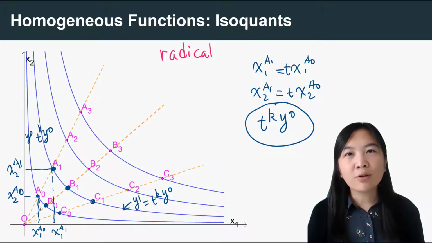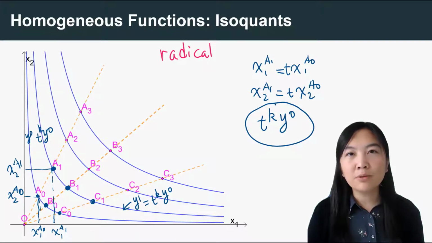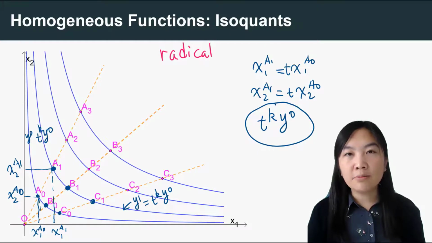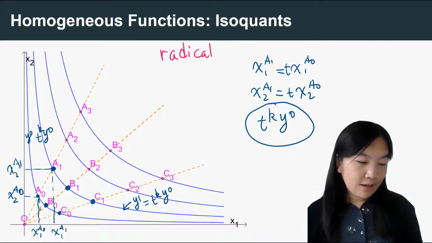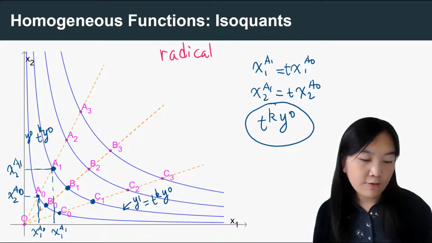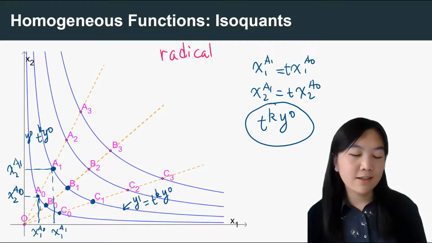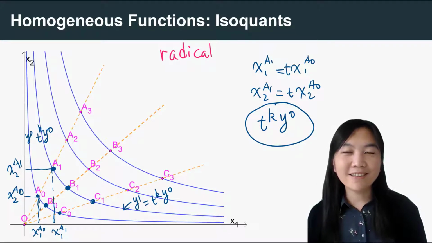And if you want to go the other way, from y1 to y0, your input use becomes 1 over t times your input use, and that is a contraction of y1. So this is the first property of homogeneous functions: isoquants are nice.